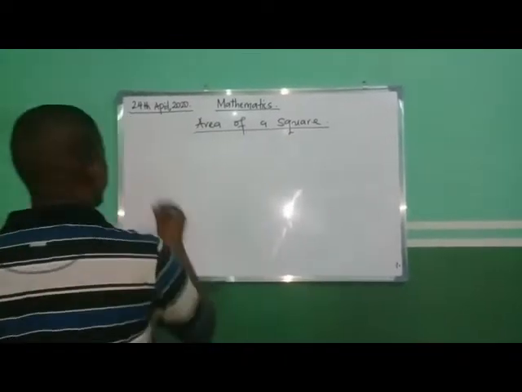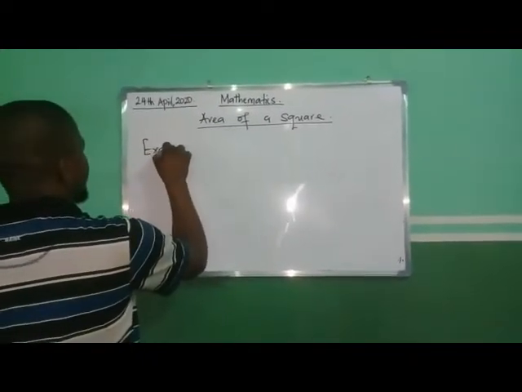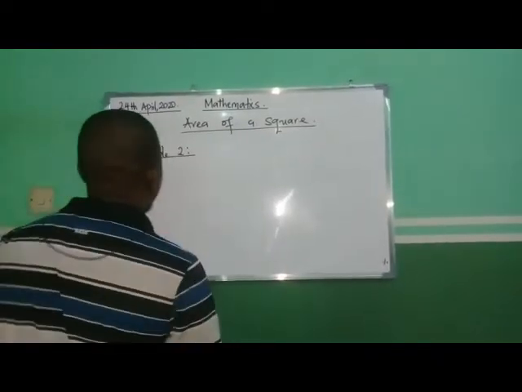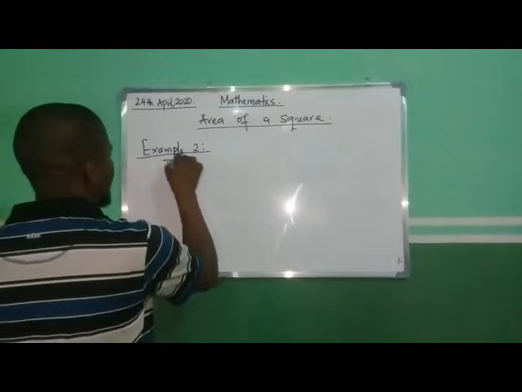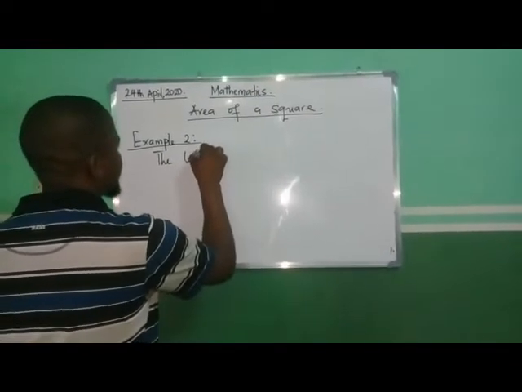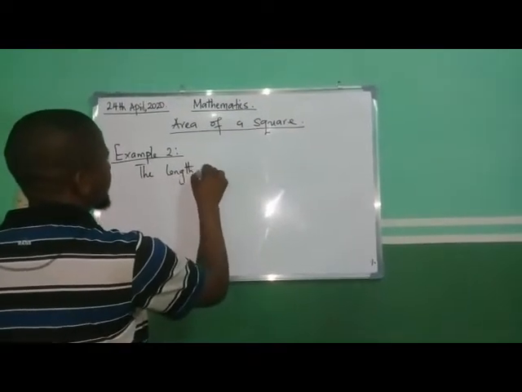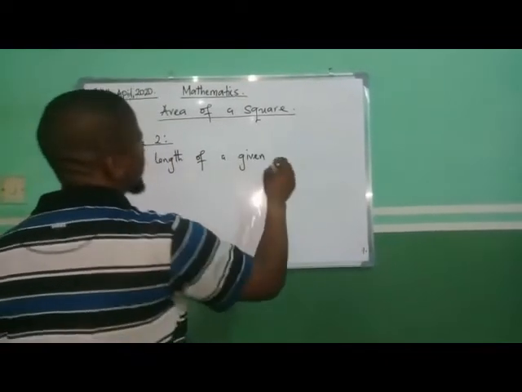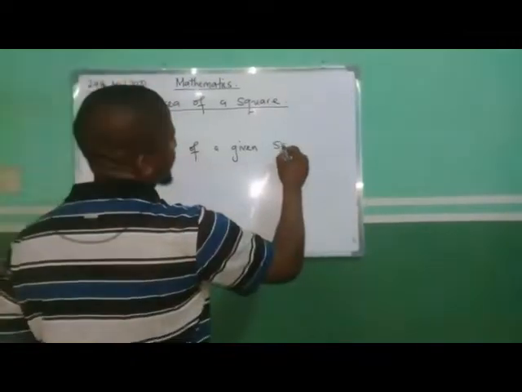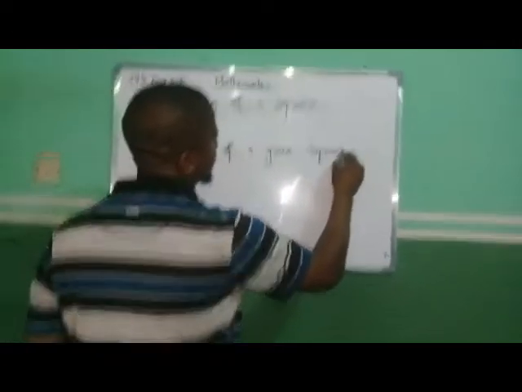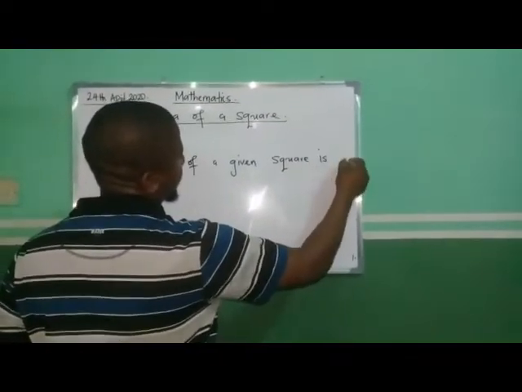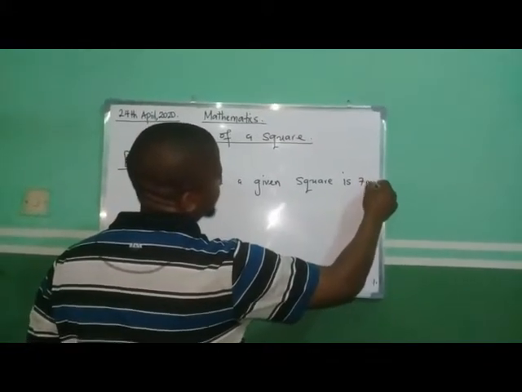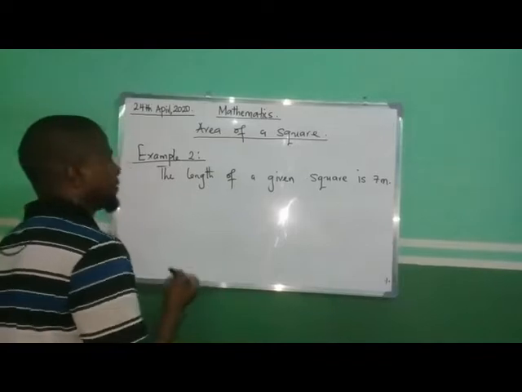Example 2. The length of a given square is 7 meters this time around.